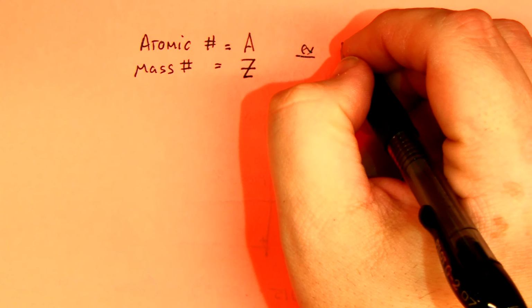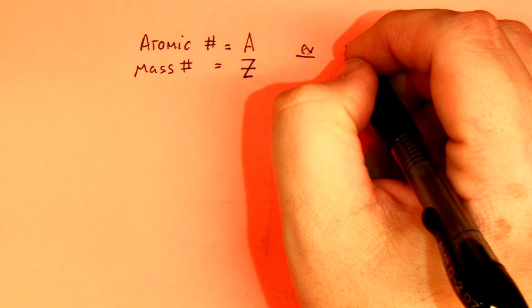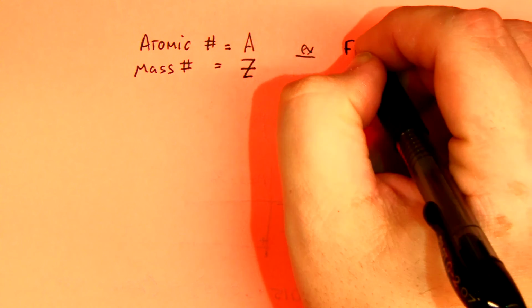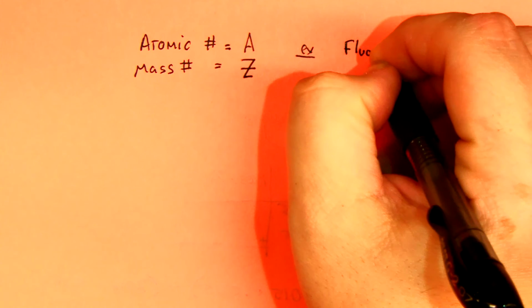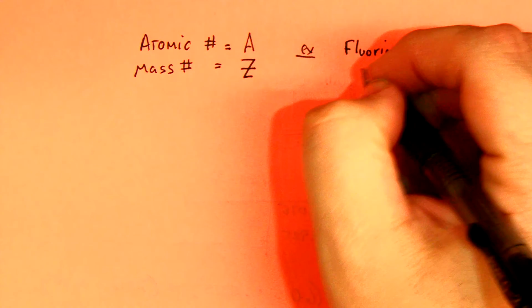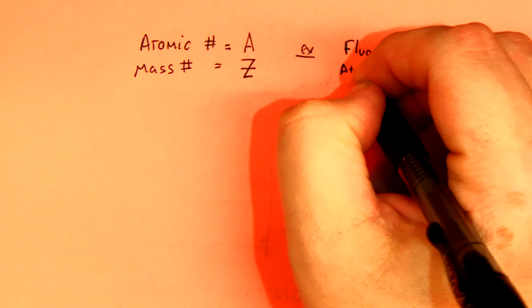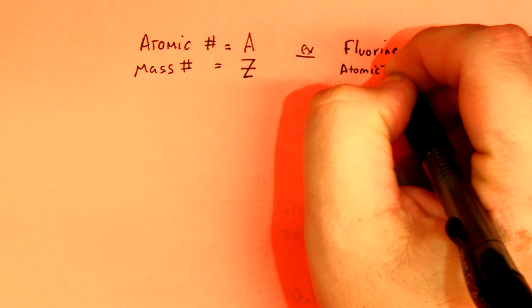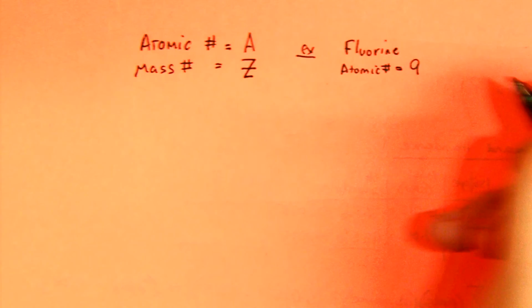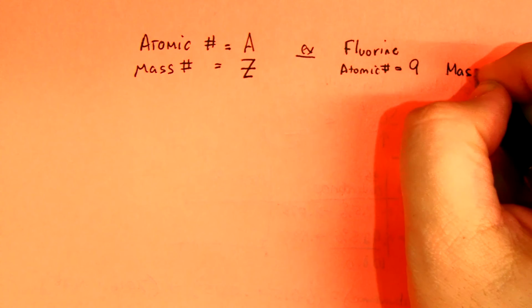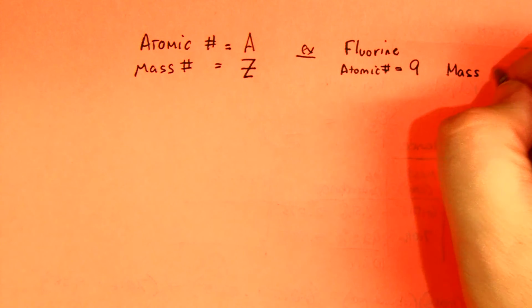Fluorine has an atomic number which is equal to 9. And on the periodic table that I have right now, it has a mass number which is equal to 19. So this would be A, and this would be Z.